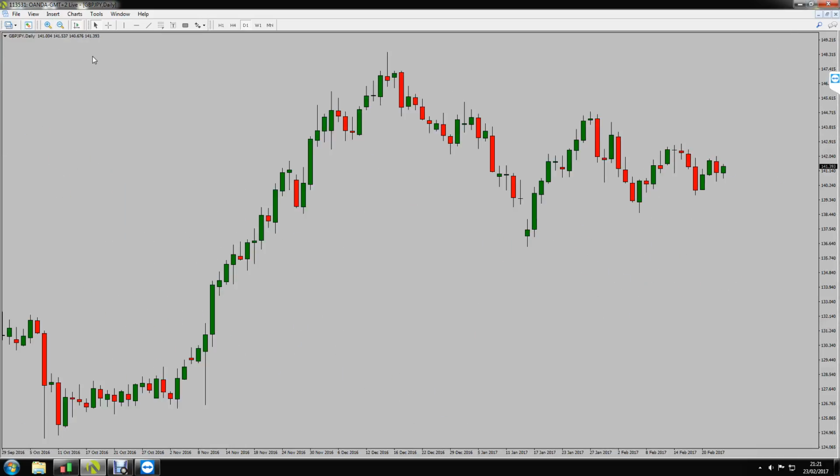Okay, we have in front of us a triangle. This is a dynamic range market. The definition of range market is very simple: when the price stays between a resistance and a support, no matter if they are static or dynamic.